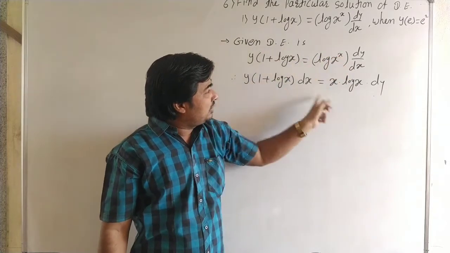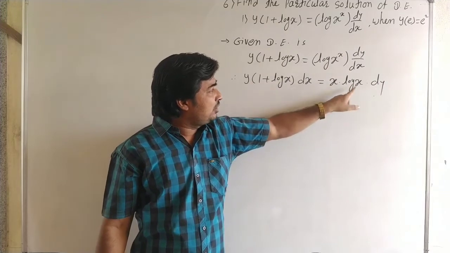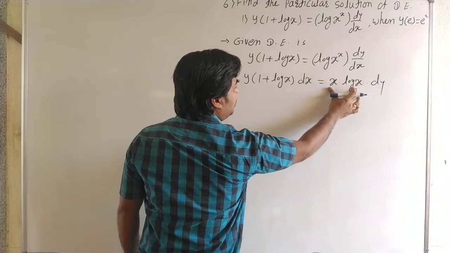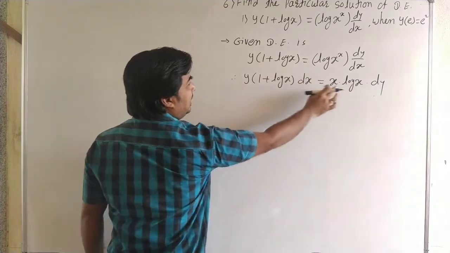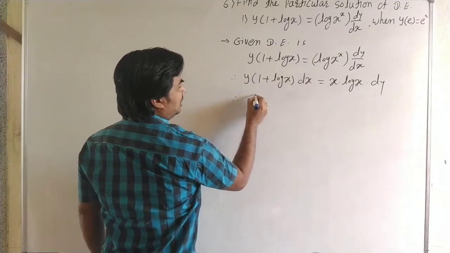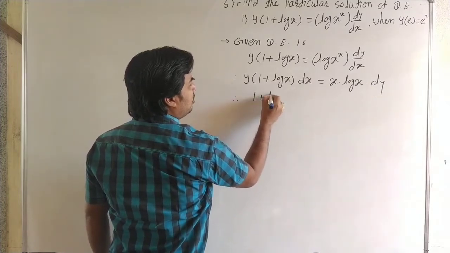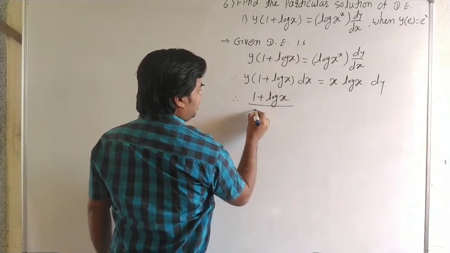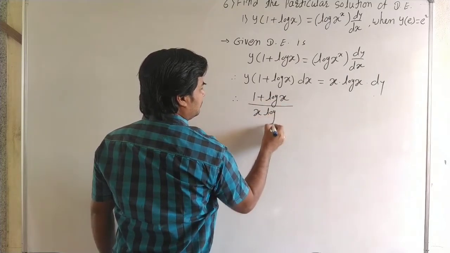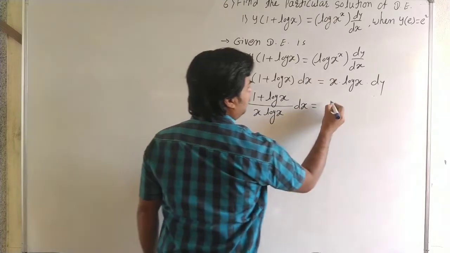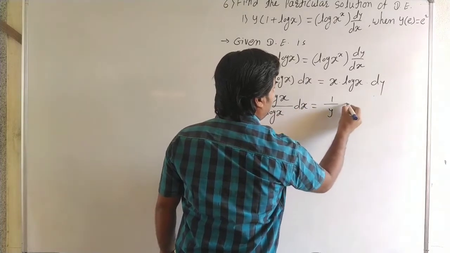We take this power as a multiple, x into log x. Now it is dx, so the function of x we write with dx, and y we write with dy. Therefore we get 1 plus log x upon x into log x dx is equal to 1 by y dy.